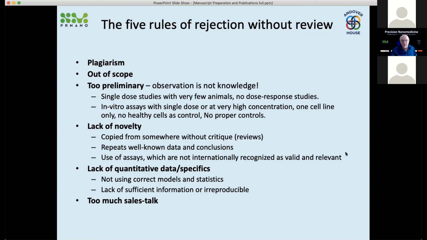It depends on the scope of the journal, but usually it is a negative, unless the paper is specifically about reproducibility, because at Precision Nanomedicine we actually accept reproducibility papers. It's very important. Lack of quantitative data, specifics, correct models, and again, too much sales talk.